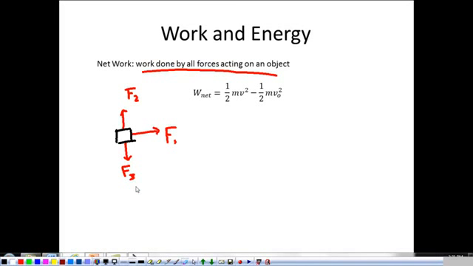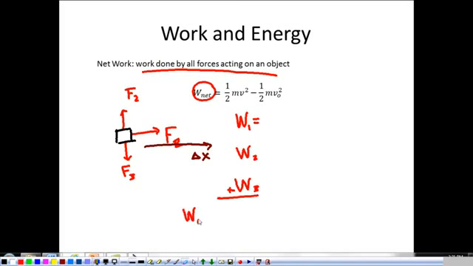And let's say that our object moves in the direction of force 2. What we have to do if we want to find the net work acting on the object is look at the work done by force 1 and the work done by force 2 and the work done by force 3 and add them all together. By adding them all together, we get our net work.